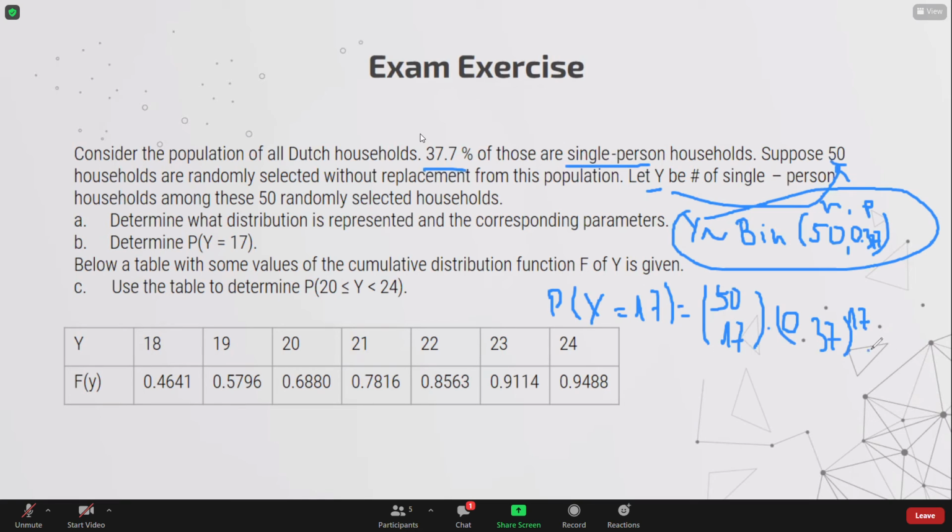Then we need the probability of having a failure, so not a single person household, which is 1 minus the probability of success, to the power of the number of failures, which is 50 minus 17, which is, if I'm not wrong, 33. And if you calculate the whole number, it should be in the end 0.102.